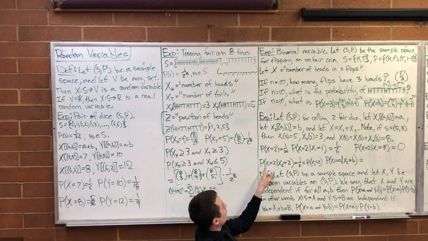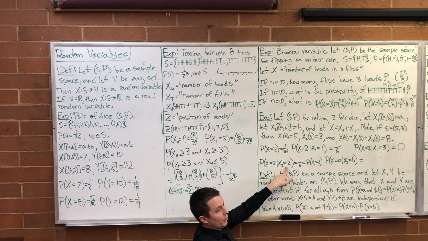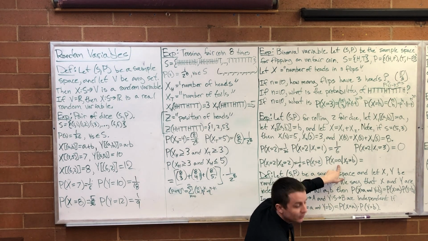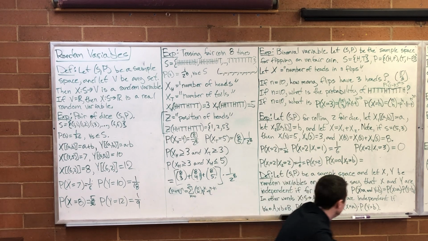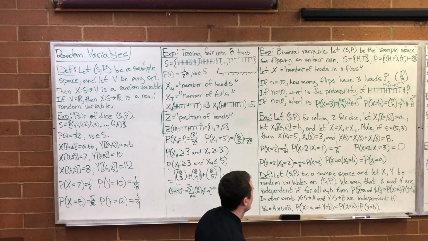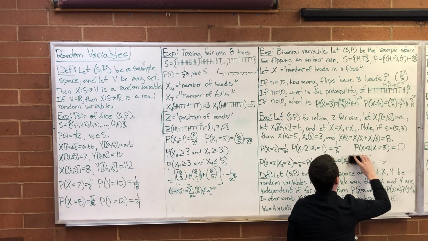So this is our example of independent random variables. If knowing information about one tells you nothing about the other, then they're independent. So as a general rule, the probability that x1 spits out A, given that x2 was B, is just the probability that x1 is equal to A. Another way that we can define it is, let's do it the other way.